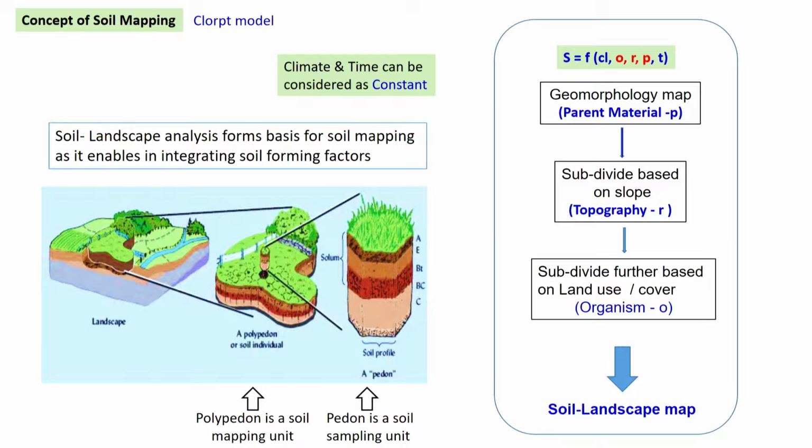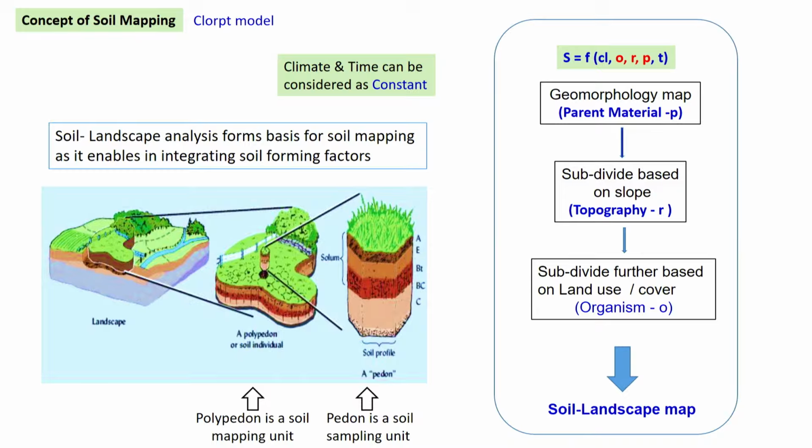Then this geomorphology map is further divided, each unit, based on topography or slope. So if you have two, three, or four types of slope, you divide each geomorphic unit based on your topography. Then the third stage comes where we further divide that map unit considering the land use, land cover, that is your organism.